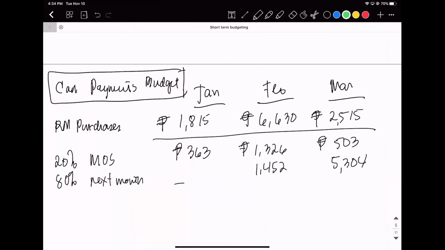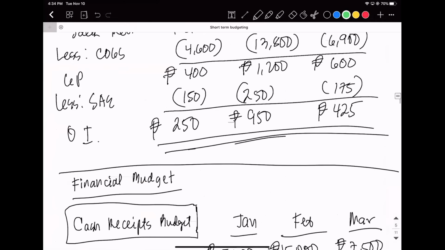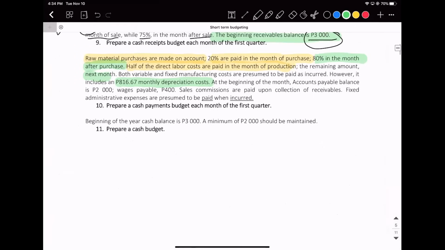Okay, so at the end of December last year or at the beginning of January. Ilan ba yung accounts payable based dito sa problem? Hugutin mo dito. Yan, accounts payable balance is 2,000. So yun ang basis natin.